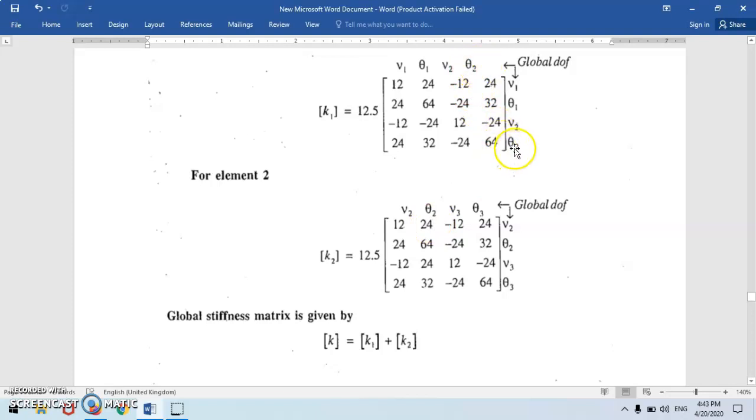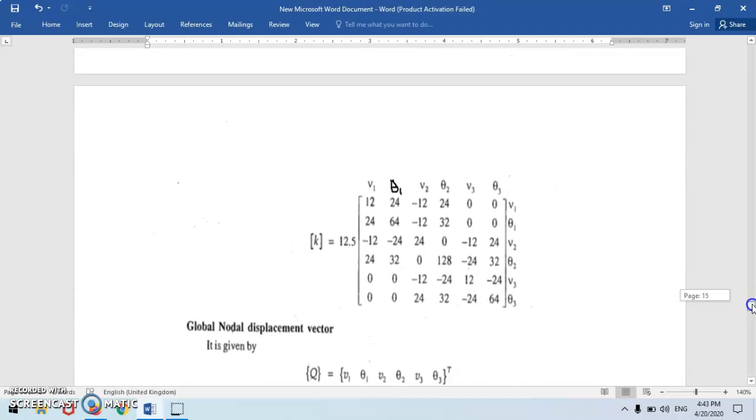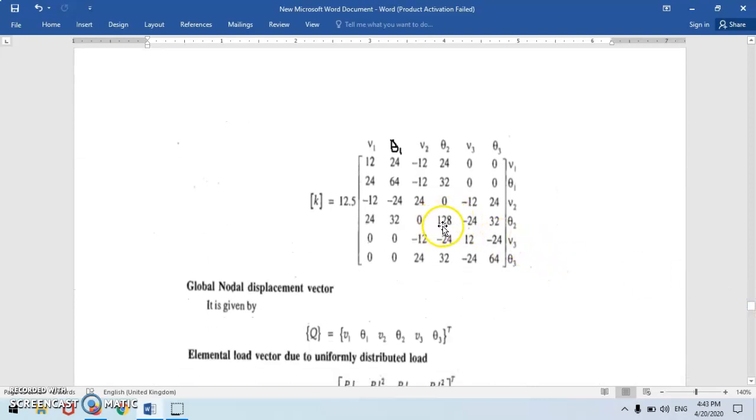Similarly, theta 2 cross theta 2 will be 64. Where is theta 2 cross theta 2 here? Theta 2 cross theta 2 is 64. So 64 plus 64 has to be written here. It is how much? It is 128. So you can see, and all other terms will be same. So these two have become 0, and here is 128. Theta 2 cross theta 2, 64 plus 64 will be 128.